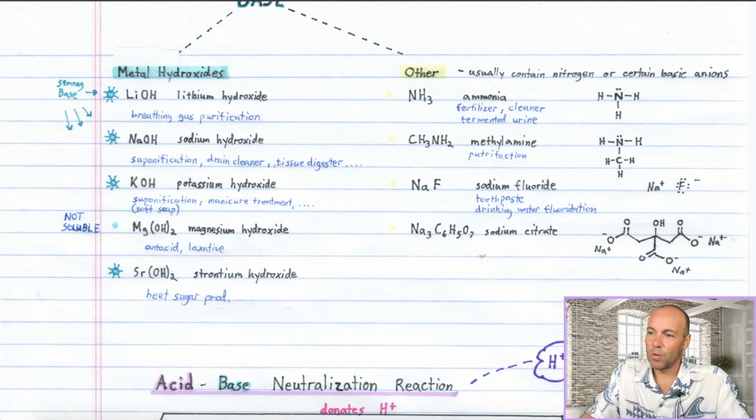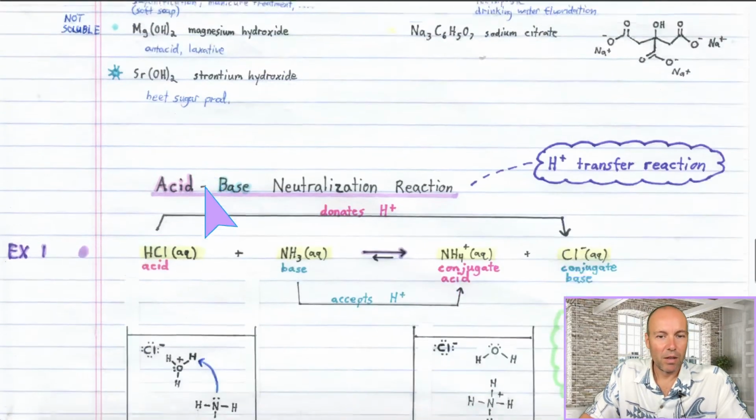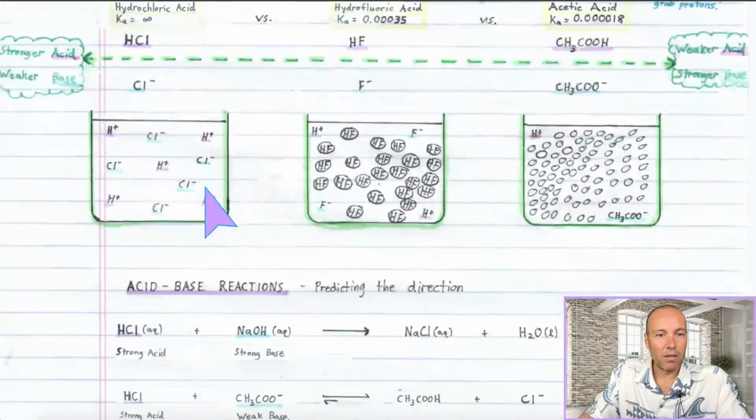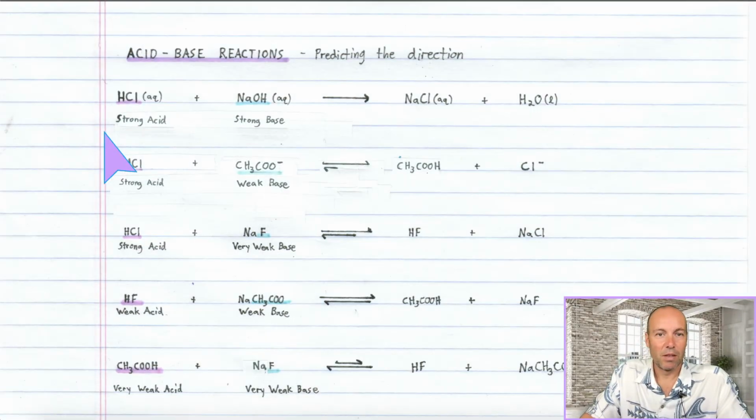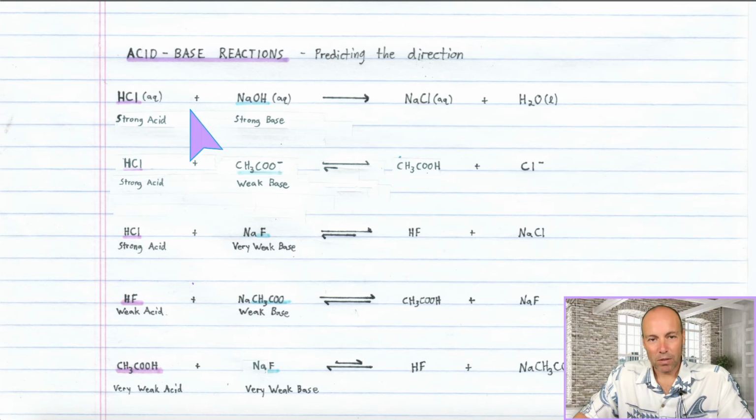Okay, the last thing that we'll do in this video is we will compare, or predict, really, the direction of an acid-base reaction. So what we're going to do is take a look at 5 different chemical reactions that occur between acids and bases, but the strength of the acids and bases ranges.